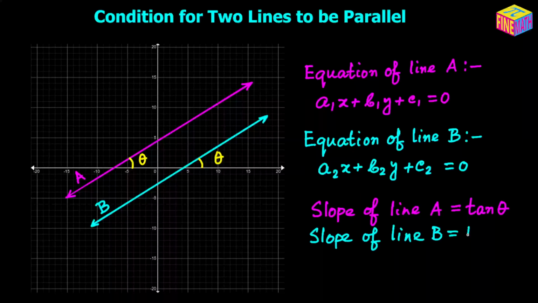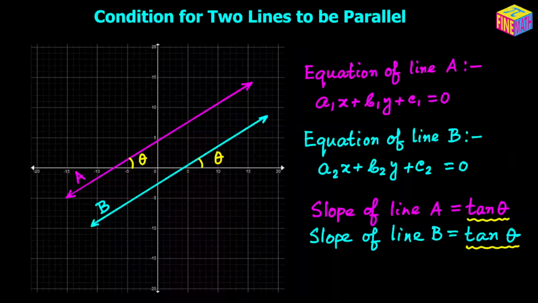That would also be tangent of its angle of inclination, that is again tangent of theta. So now you see the slope of both lines are actually equal. That is one very important concept we have to understand, that if two lines are parallel, then their slopes will be equal and their angles of inclination would also be equal.